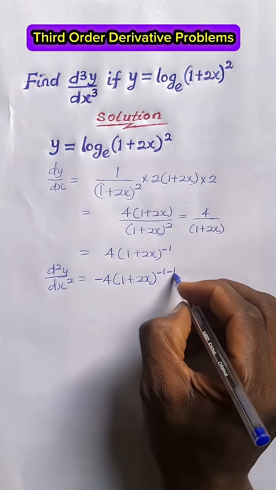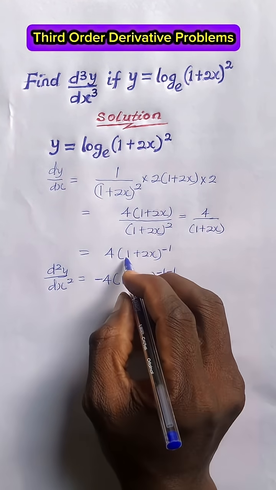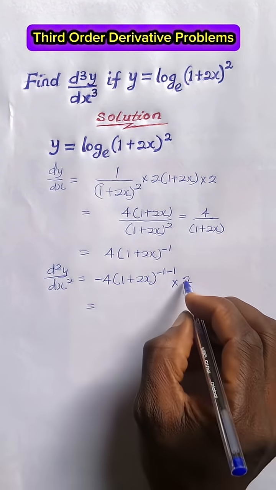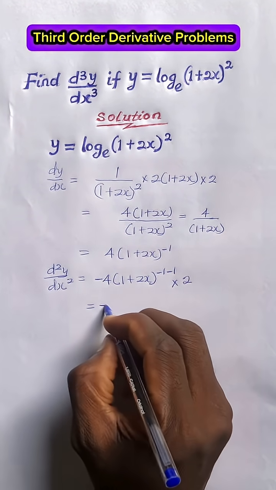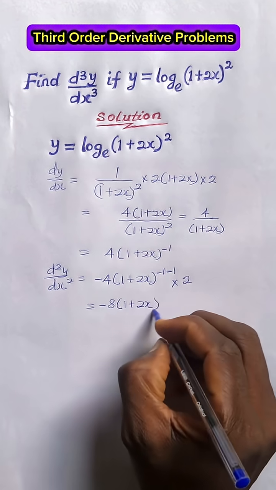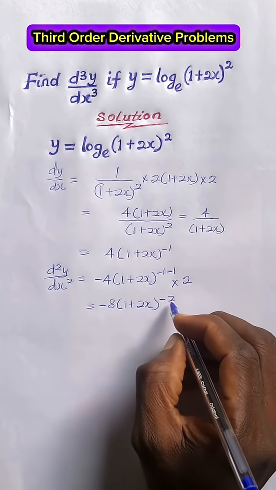Then we'll subtract 1 and then differentiate everything in the bracket. 1 becomes 0. So 2x becomes 2. We now have 2 times minus 4 becomes minus 8 into 1 plus 2x all raised to power minus 2, because minus 1 becomes minus 2.